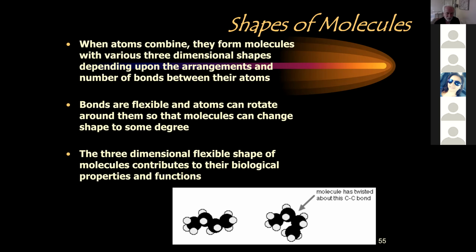The bonds are usually flexible, and atoms can rotate around a bond so that they can change shape. I've shown you a picture here at the bottom of two molecules in two different shapes. It's the same molecule, but the one on the right has twisted around its carbon-carbon bond so that its shape is different from the one on the left.